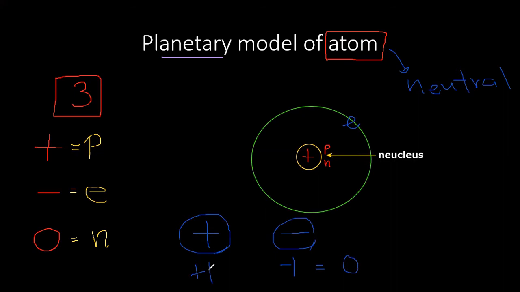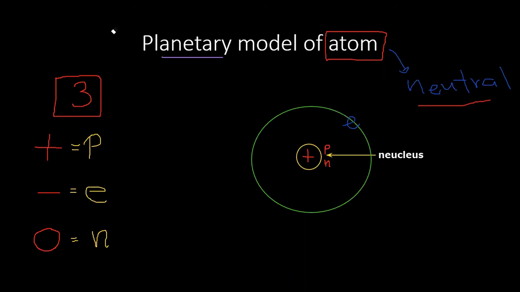And if the atom has 2 protons, there should be 2 electrons to have this 0 here. So to have a neutral atom in this planetary model, the number of protons should be equal to the number of electrons in every atom. So the atom is called a neutral particle.